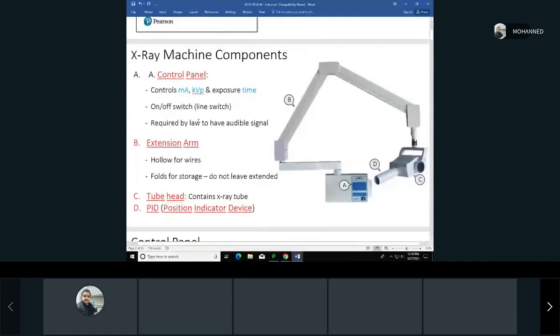All good. We know what they do. And PID is also called what? Other than PID and cone? Position indicating cone. Okay.